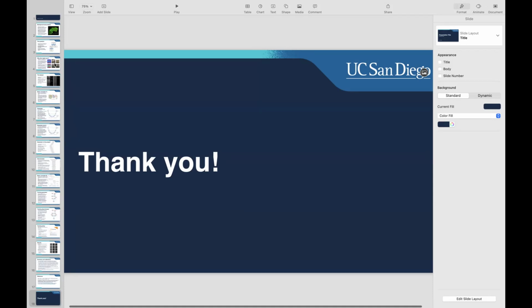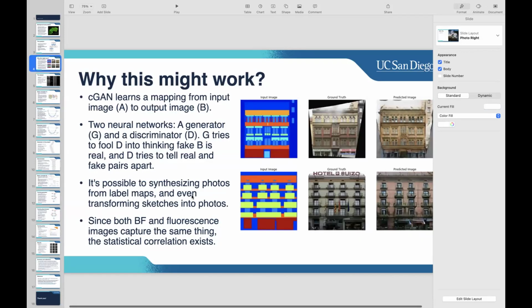There's enough features in here that tell me what the fluorescence is probably going to look like. So as I said in this page, they are essentially the same structure. So there have to be some statistical links. I just read about this idea and I feel like because statistical links exist, this might work.